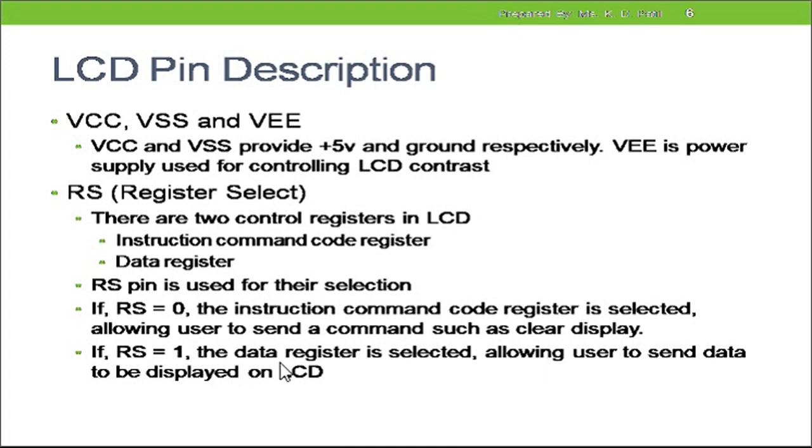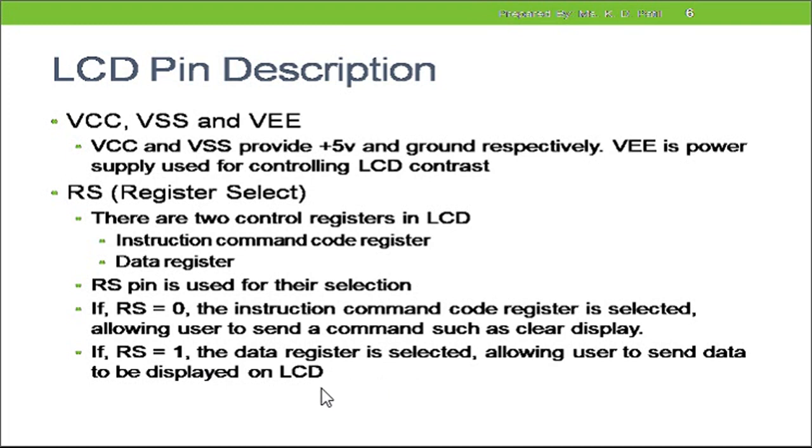So if register select is equal to 0, the instruction command code register is selected and it allows the user to send the command, the instruction such as clear display, move cursor left, to the LCD. If register select is equal to 1, the data register is selected and it allows the user to send the data to be displayed on the LCD.